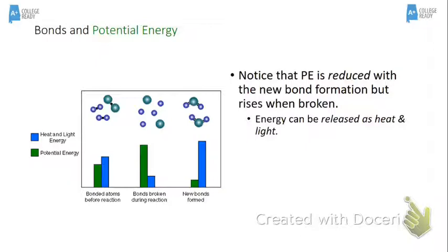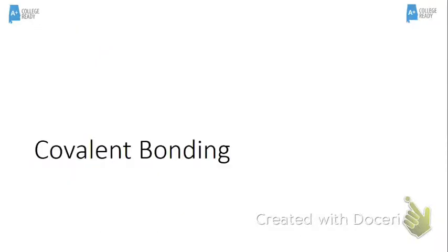So in breaking of bonds, we absorb energy, and when we form new bonds, we will release energy. And if you take a look at the graph here, you'll notice that the potential energy will go down as we have new bonds formed, and then it rises again when we have bonds that are broken.